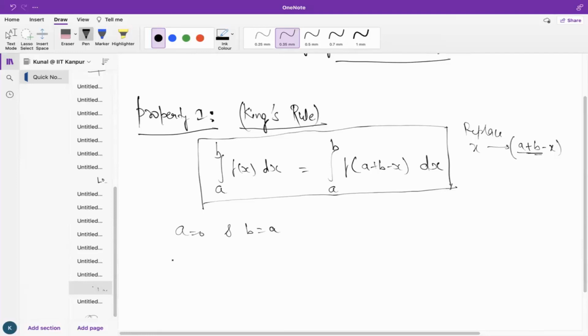That means our given integral is from 0 to a, according to this condition, f(x) dx.